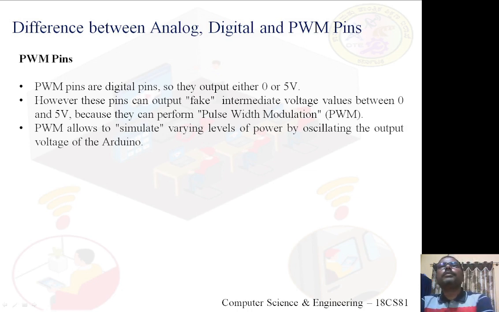However, these pins can output fake intermediate voltage values between 0 and 5 volts, because they can perform pulse width modulation. PWM allows us to simulate varying levels of power by oscillating the output voltage of the Arduino. Clear?